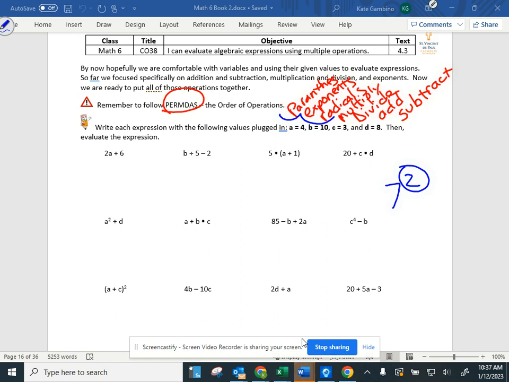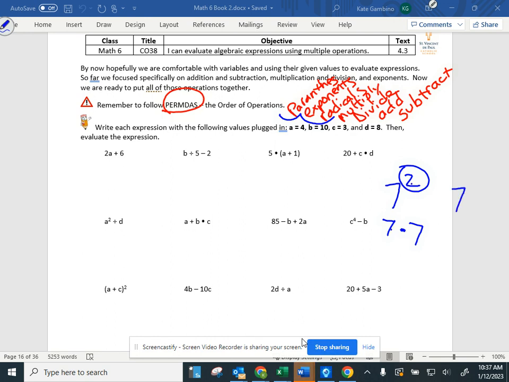What does it mean when we have those exponents? If we have 7 squared, what am I doing, Amelia? Would I multiply 7 times 2? No, what would I multiply 7 by? Yeah, by itself. So I'm going to do 7 times 7.